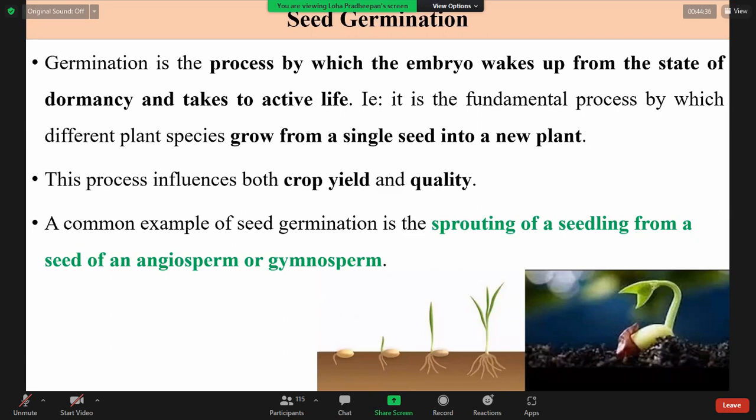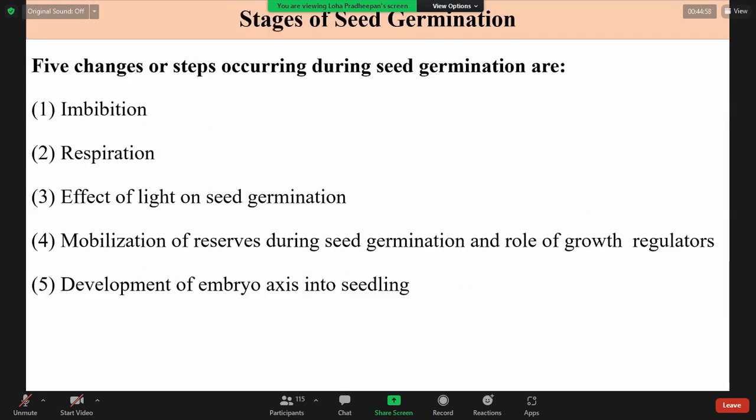In germination, there is the sprouting of the seedling from a seed. So whether it is in angiosperm or gymnosperm, we are able to see it. From the seeds, we are able to obtain the seedling, that is the germination.